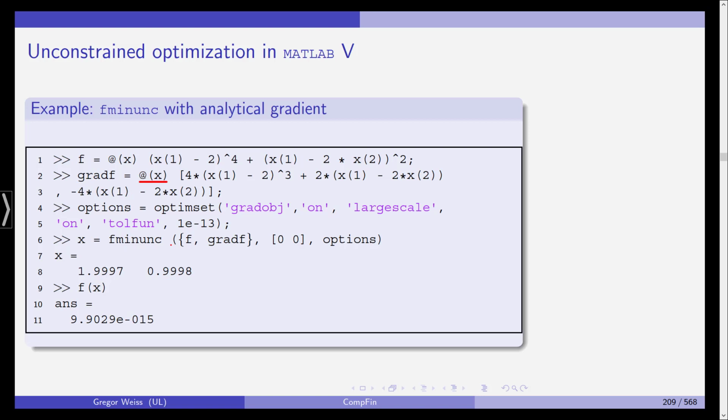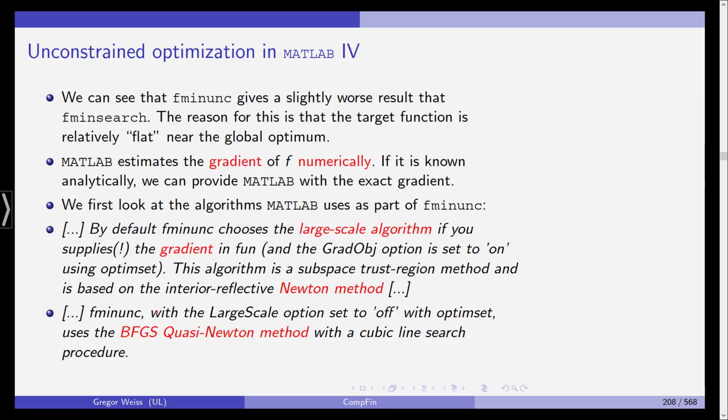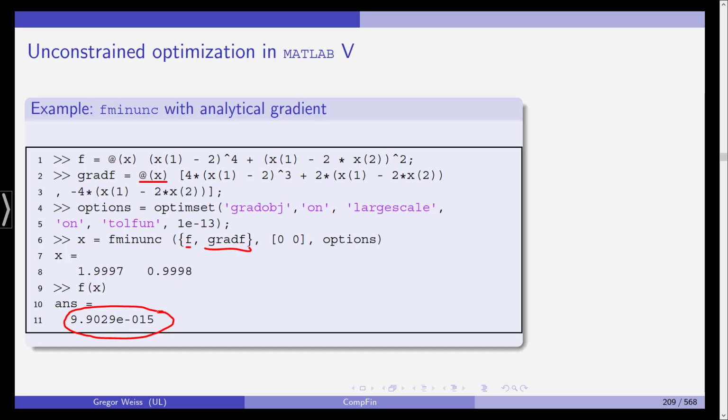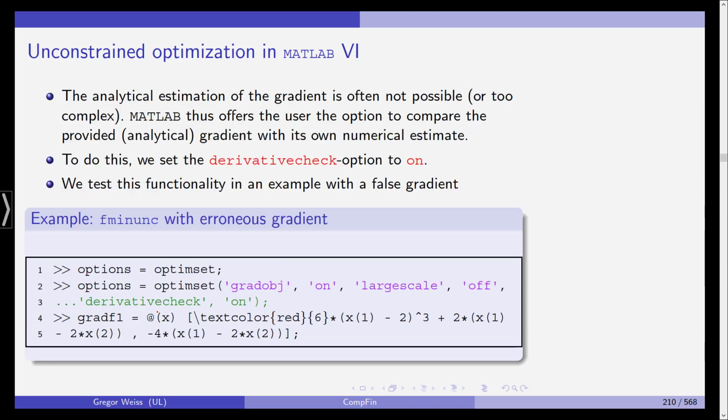And we are supplying fminunc with f and the gradient of f. And as you can see, immediately we get almost 7 decimal places more in accuracy. So supplying the analytical gradient gives you a much more accurate result than simply relying on Matlab's default method of numerically approximating the gradient.